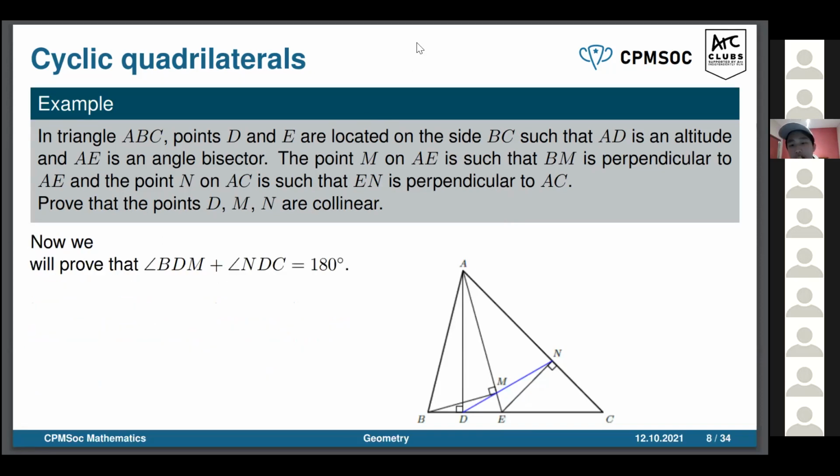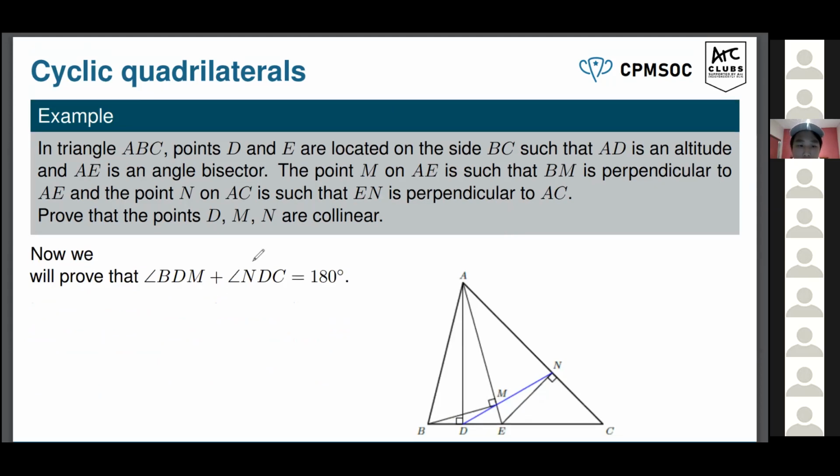As I said, for proving collinear points there are multiple methods, and the method we'll use right now is proving that BDM plus NDC is 180. Why?